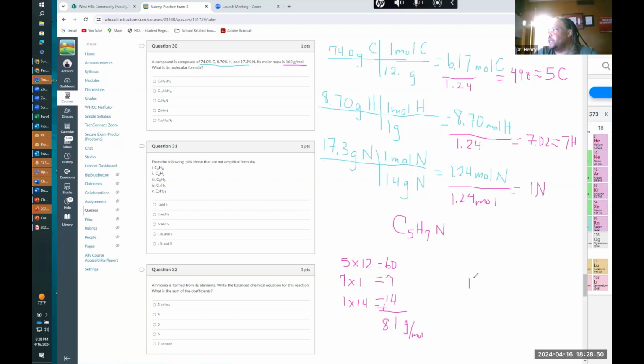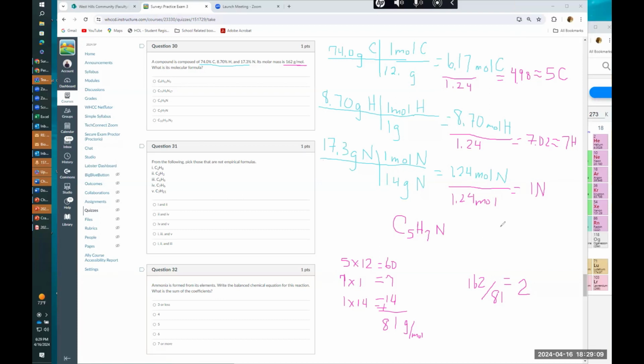So we take that 81, and we go 162 divided by 81. We get that 162 from up here. And so that would be 2, right? So what we'll do is multiply all of those coefficients by 2.